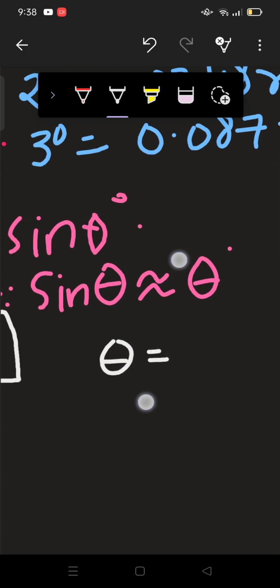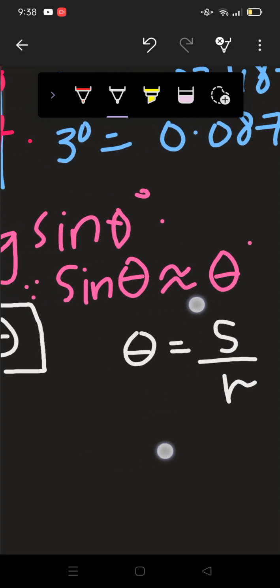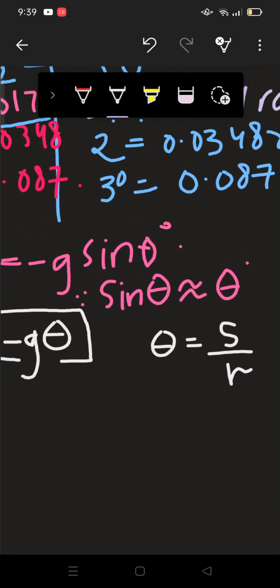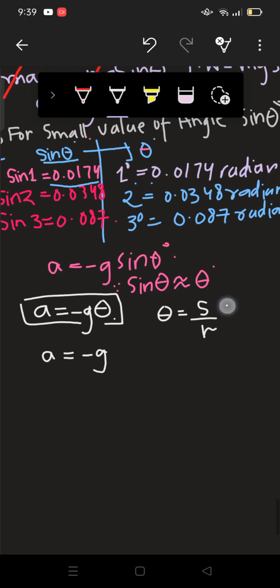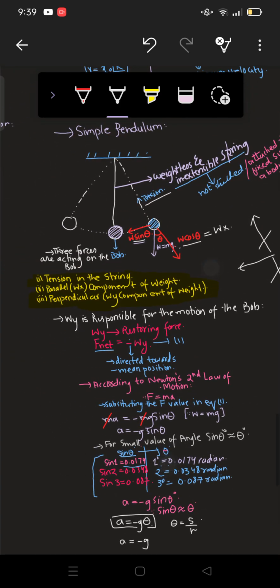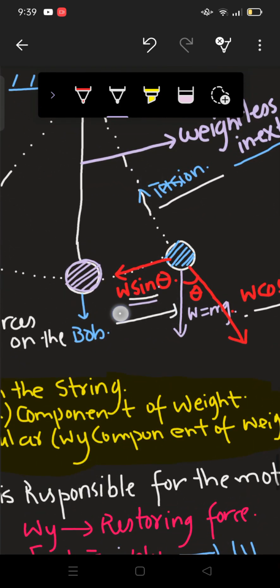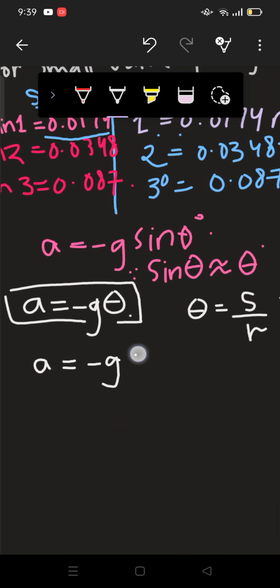since we know that theta is actually angular displacement, which is equal to linear displacement per unit r. So if I put this here in this formula, a is equal to minus g. Now see, what is s here? What is linear displacement here? We say this linear displacement is x. So let's put this linear displacement as x upon r.